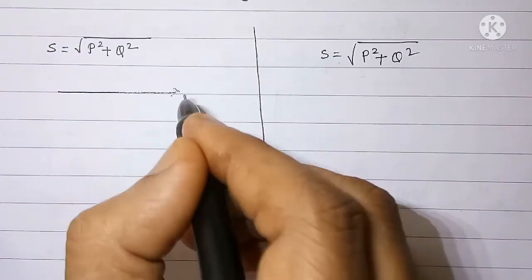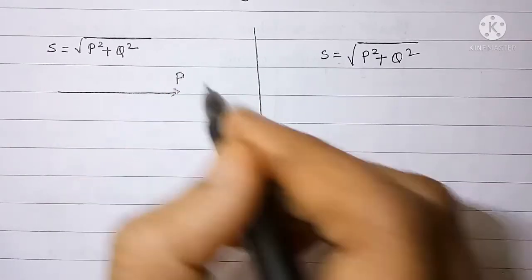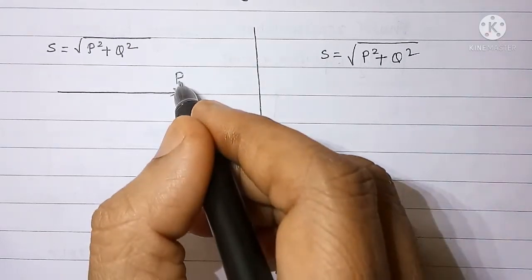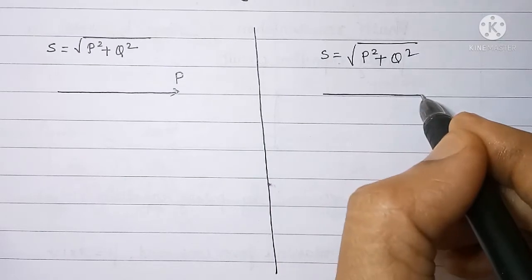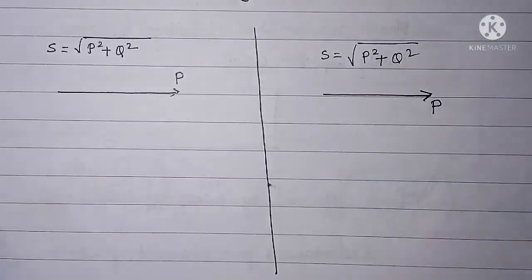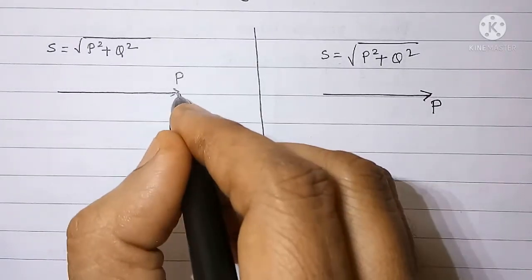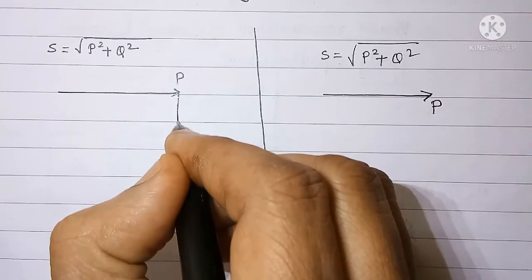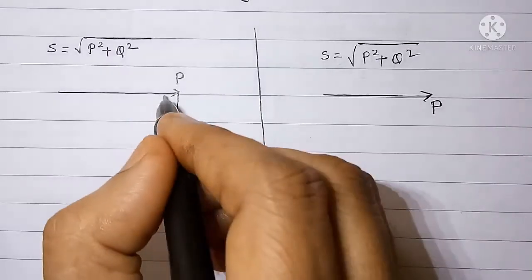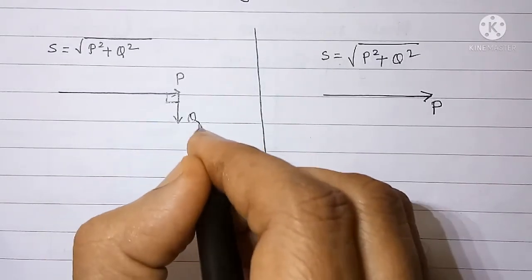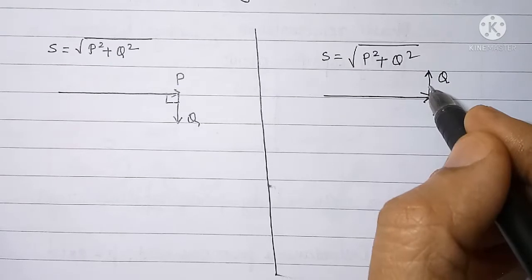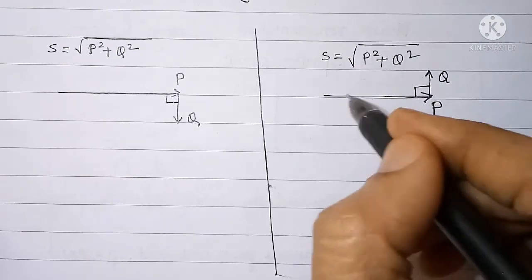In inductive circuit and capacitive circuit, P is taken as reference phasor, and in inductive circuit Q is shown below reference at 90 degrees to P. Whereas in capacitive circuit, Q is shown at 90 degrees to P but above reference.